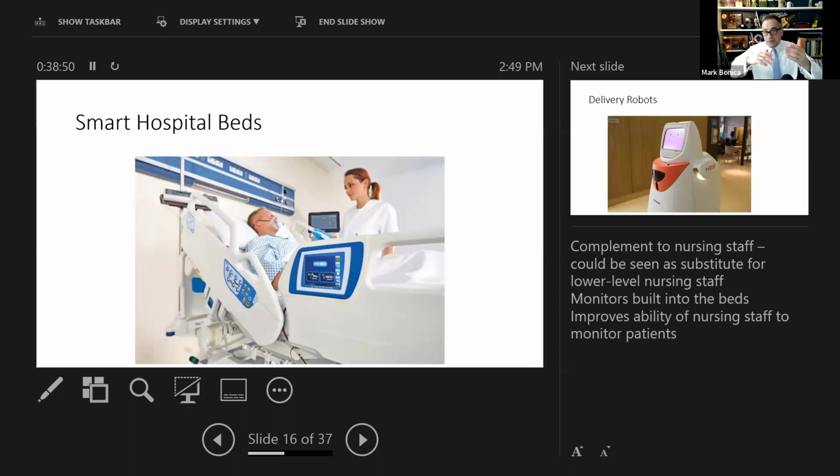So it's both a complement and a potential substitute, in the sense that it reduces the amount of labor required to provide the same level of care. Again, super expensive, right? A couple hundred thousand dollars for one of these. And there are different levels, so they're not all that expensive, but one you would put in an ICU, for example, where the patient is critically ill, is a very expensive piece of equipment.